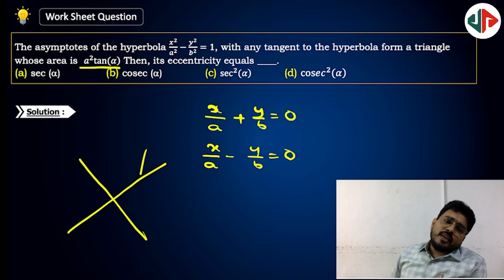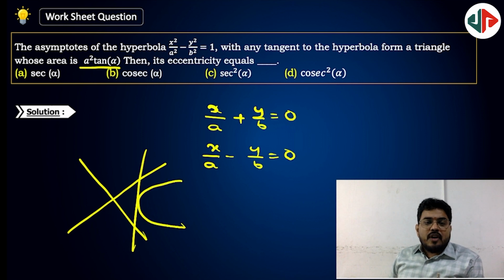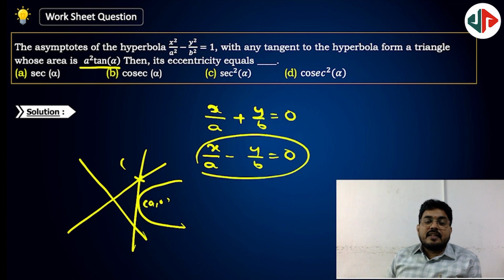Let me take the tangent at the vertex only. So this point is a comma 0; X is equal to a if I substitute. This point is a comma b, and this point is a comma minus b.